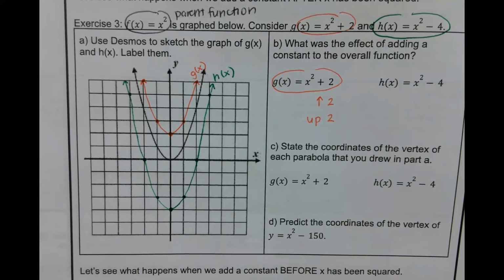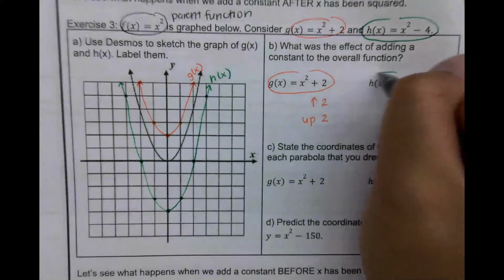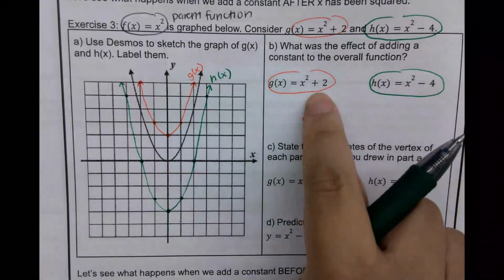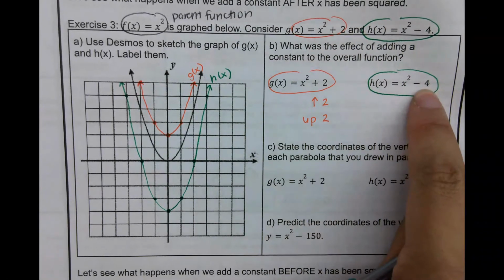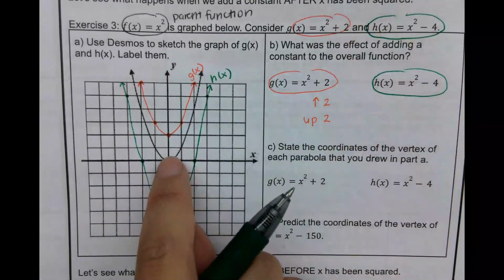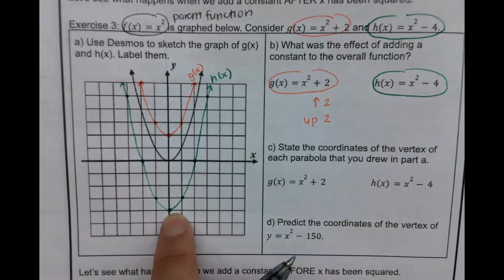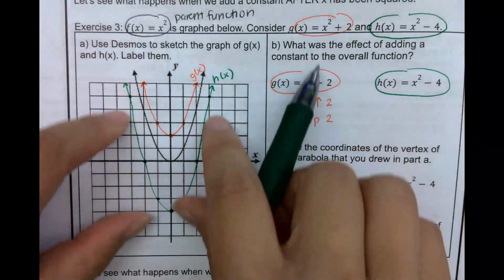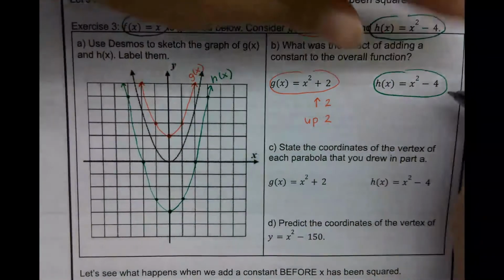Right. So then h of x, instead of adding after x was squared, we subtracted, and what we notice is from the black graph to the green graph, the whole graph moved down 4.